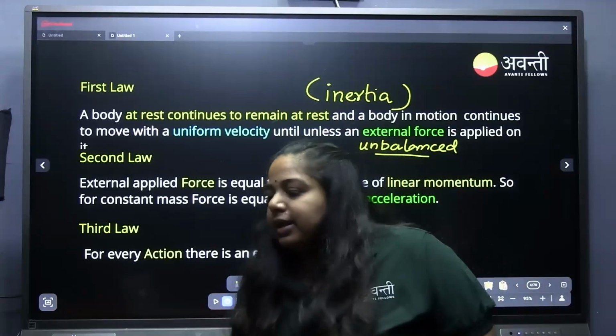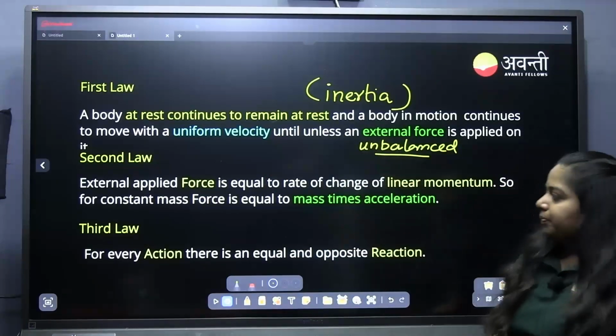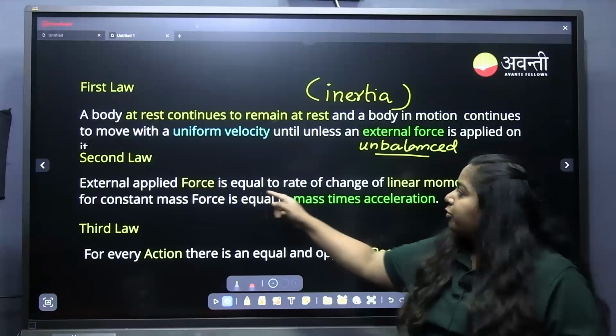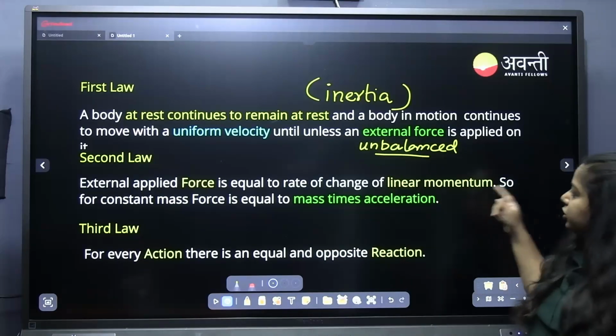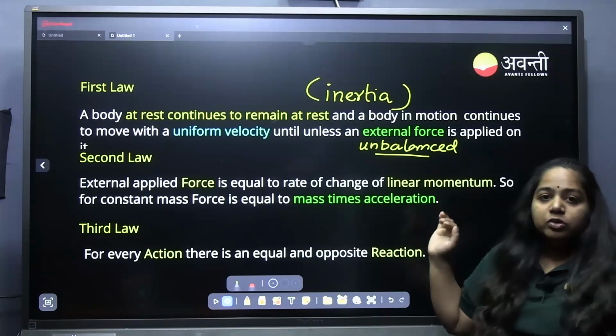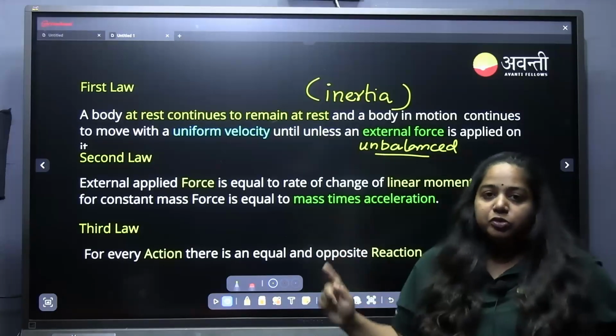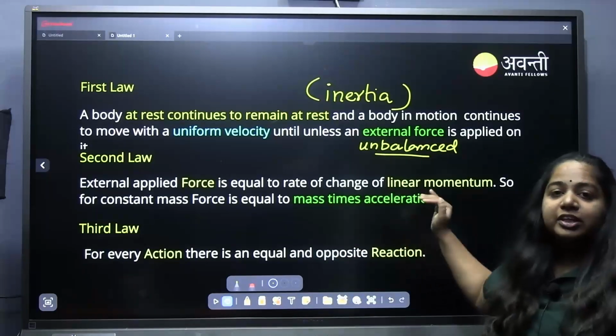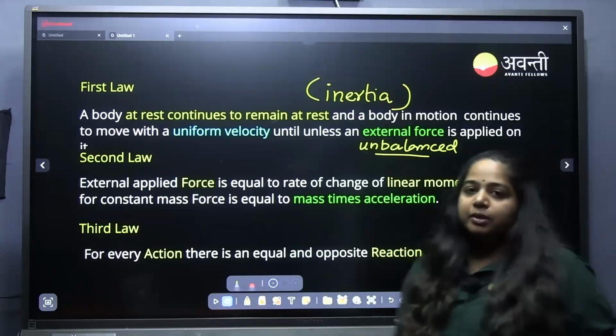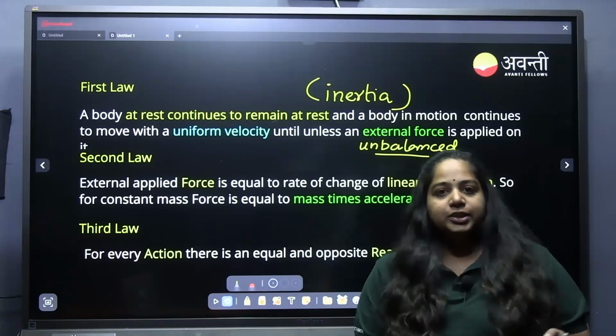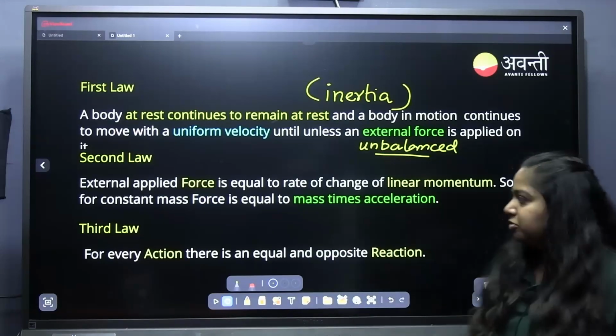Then coming to the second law, an external applied force is equal to rate of change of linear momentum. So here also it is unbalanced force, and an unbalanced force should be there if there is rate of change of momentum in the body. If there is no momentum change, there is no external unbalanced force.